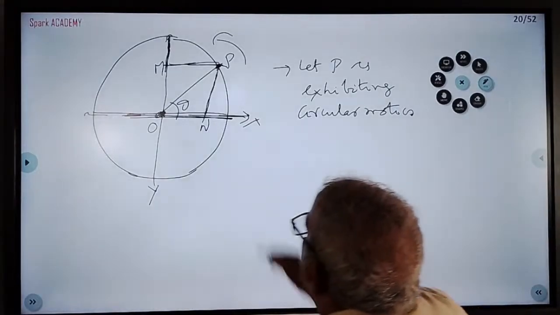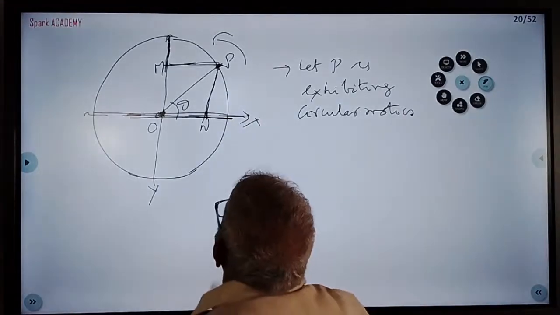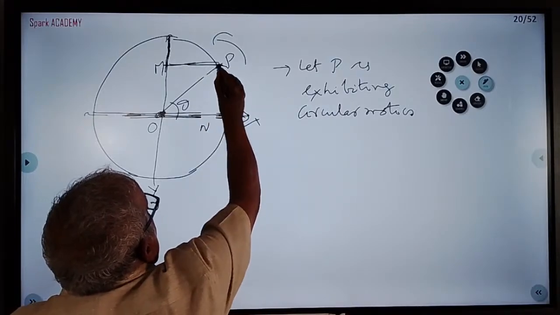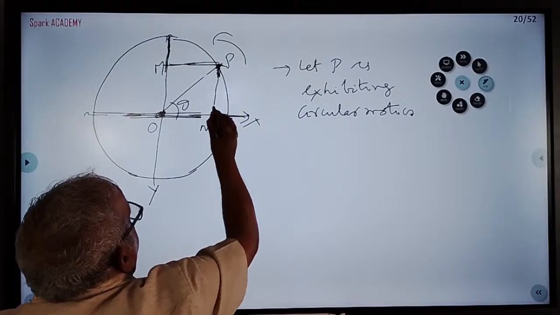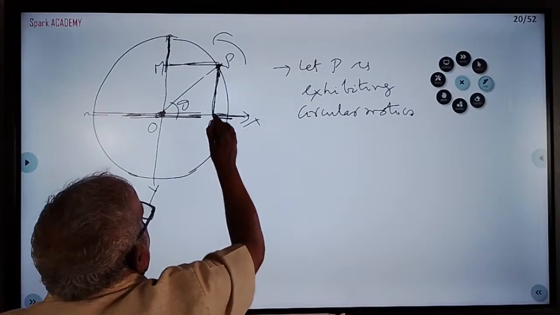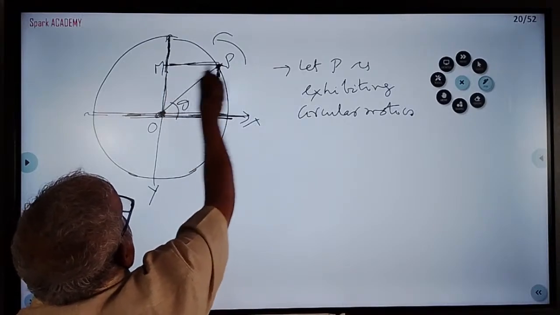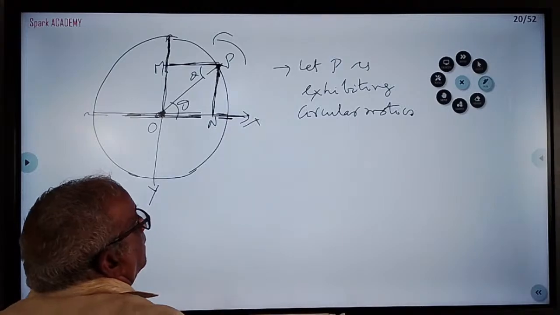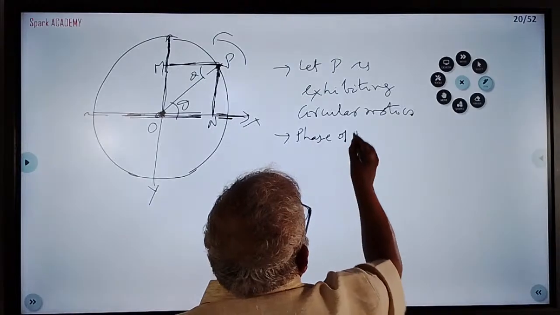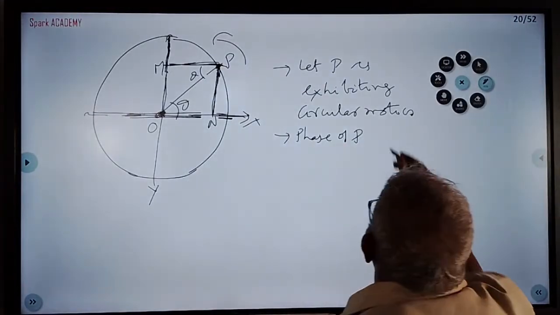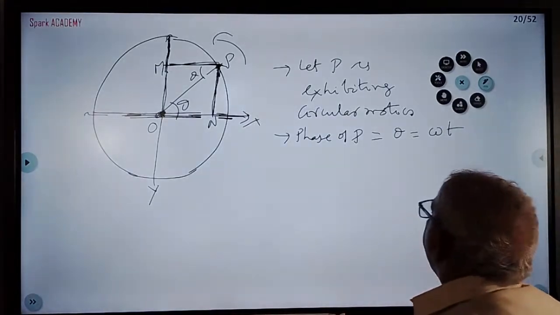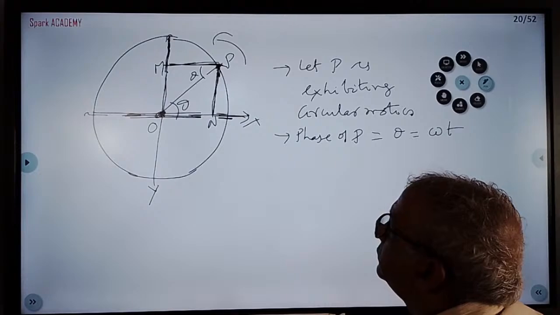Its foot of the perpendicular: draw the perpendicular properly. This is N, this is M. This is theta, this is also theta. Phase of P is nothing but theta, and theta is given by omega t.